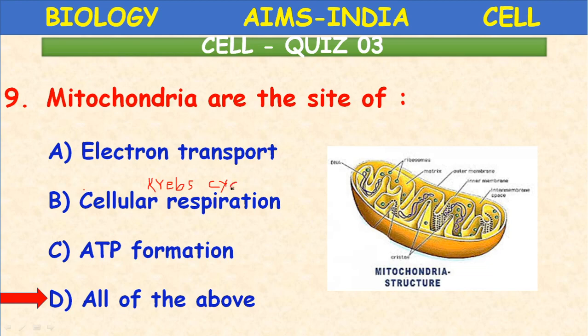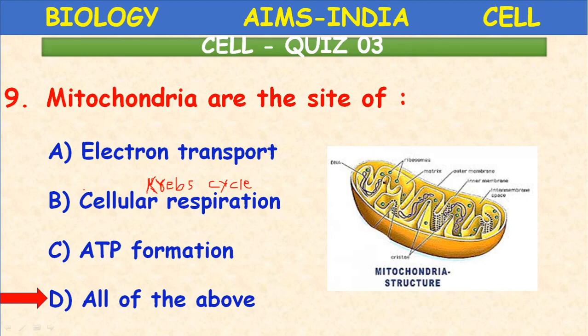What is cellular respiration, children? Cellular respiration is the respiration which is taking place inside the cell. Krebs cycle and electron transport system take place in the mitochondria. Before these two, glycolysis, another step, takes place in the cytoplasm of the cell.